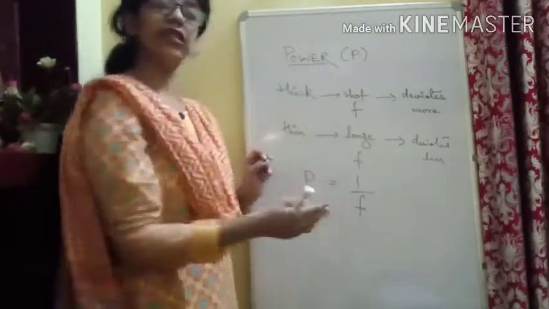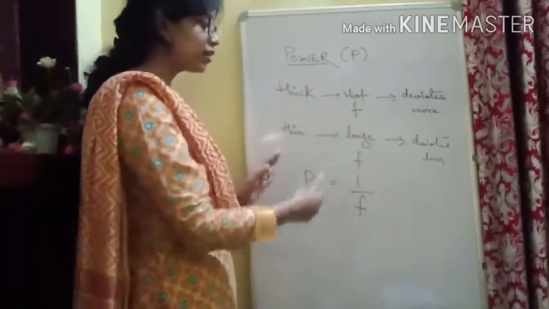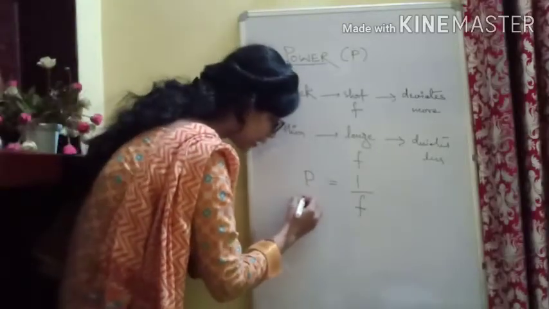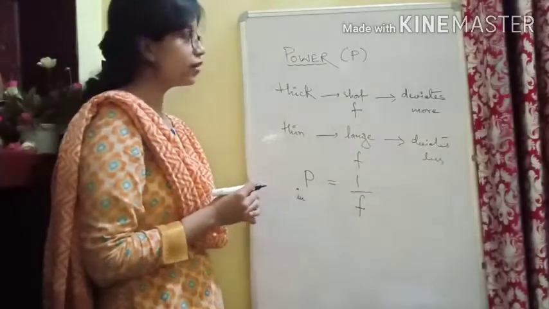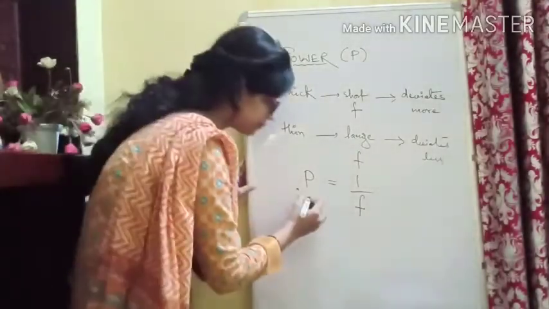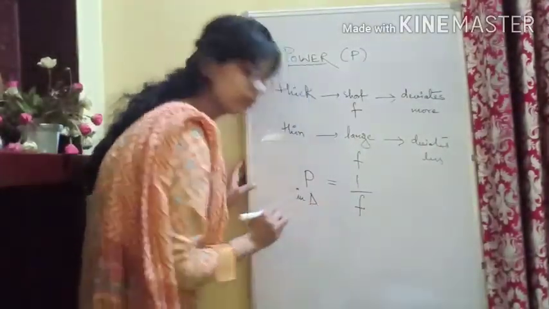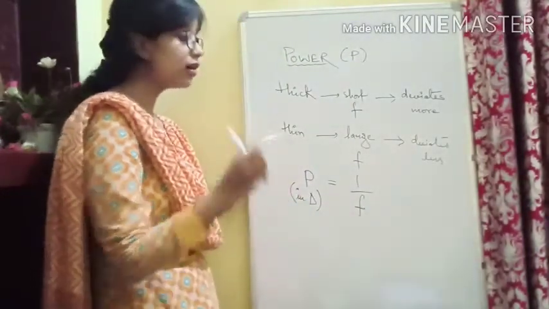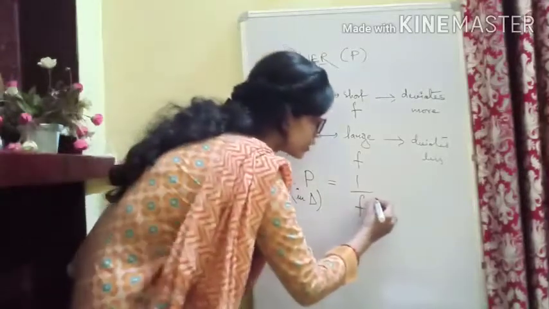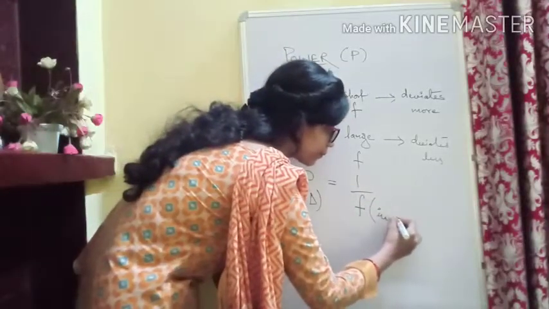So they are inversely proportional. And when we are writing the relation, we will be calculating P in diopter. As you know, the unit of power is diopter. Diopter we denote by capital D. So power is calculated in diopter only when we are calculating the focal length in meters.